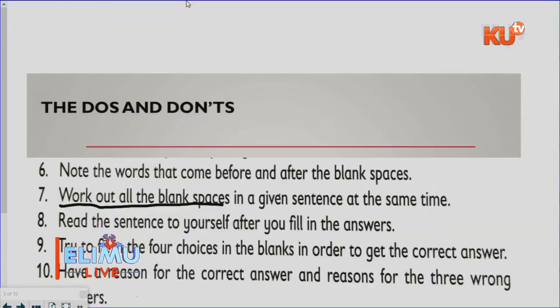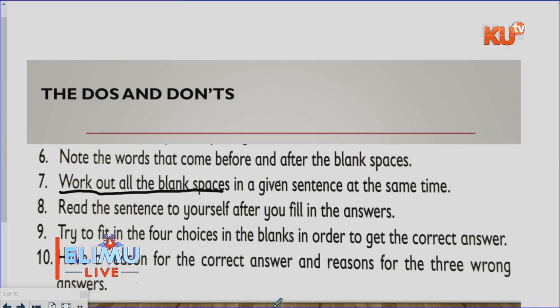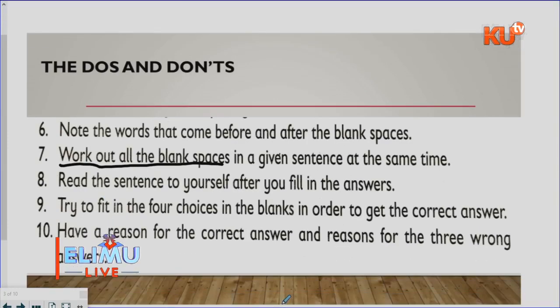So I take you back. Work out all the blank spaces in a given sentence at the same time. Read the sentence to yourself after you fill in the answers. A very important one. So what does that mean?